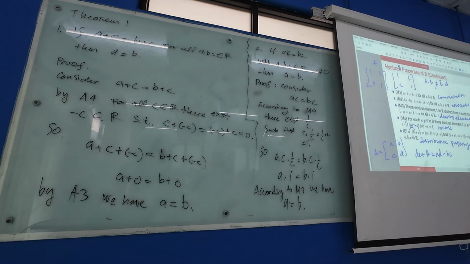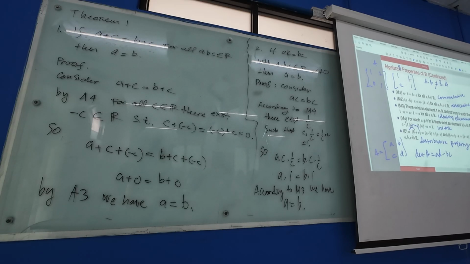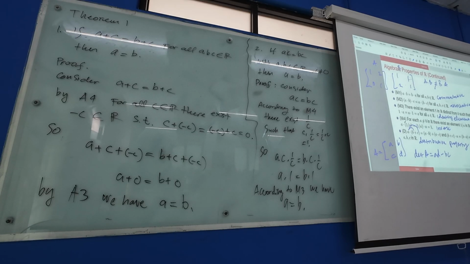So you can only use the axioms and the theorems that were already proved before. If the theorem is not proven yet, like previously we saw, if P square is divisible by 3, then P is also divisible by 3, the theorem is not proven yet.